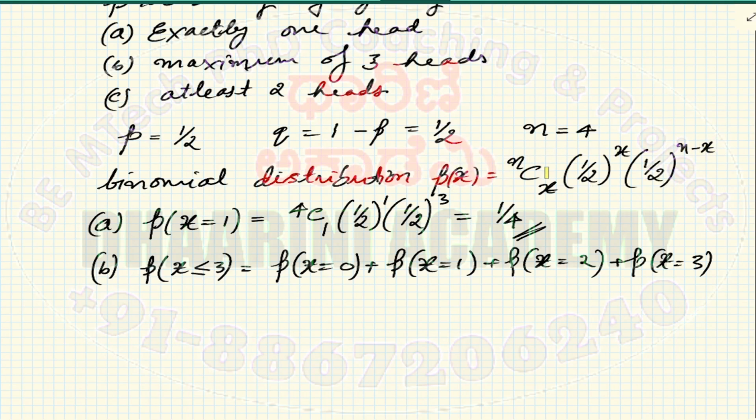In this, substitute x values four times, correct? X equal to 0, x equal to 1, x equal to 2, x equal to 3, and then we will be able to write this.